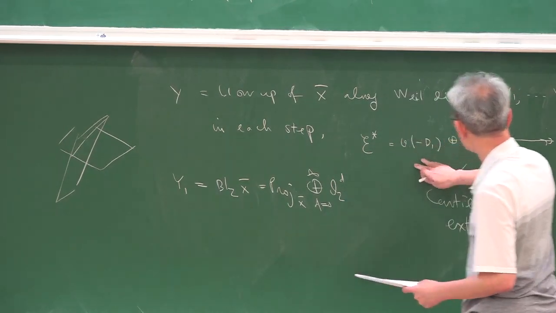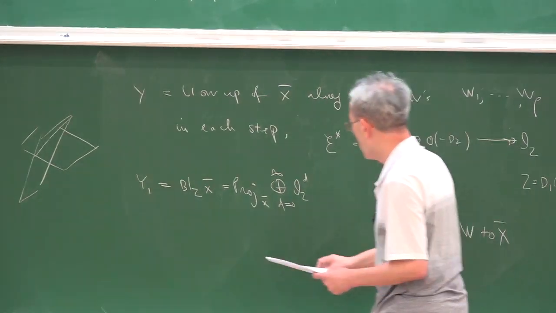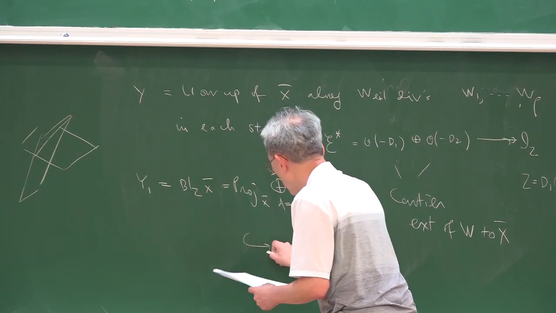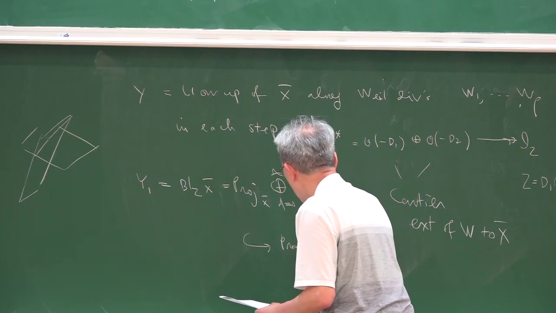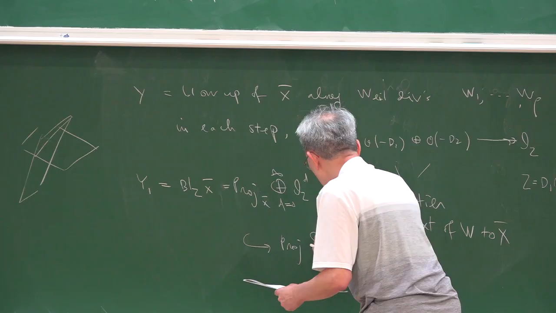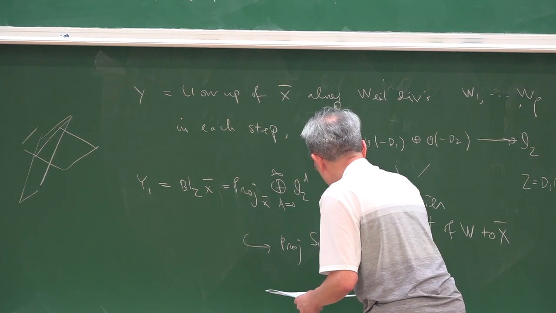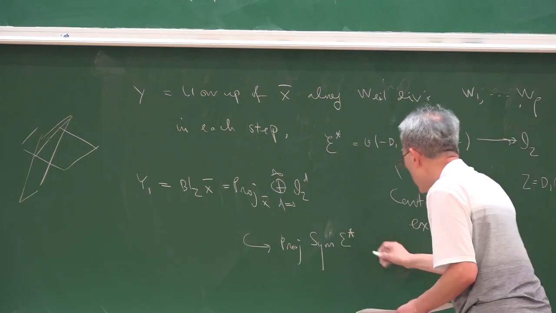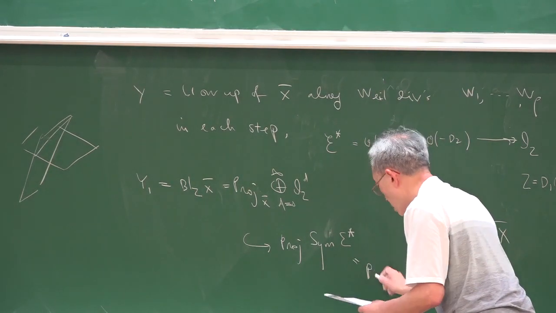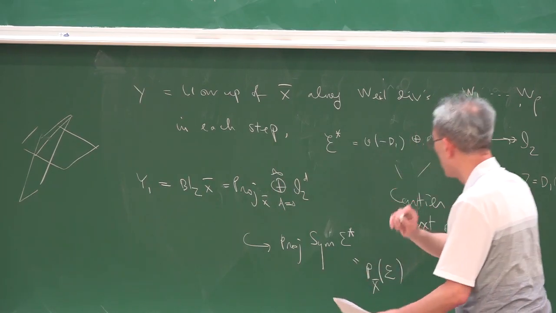But since you have this diagram, this will embed into the product of a symmetric power of, but this is by definition a vector bundle, the projective bundle.